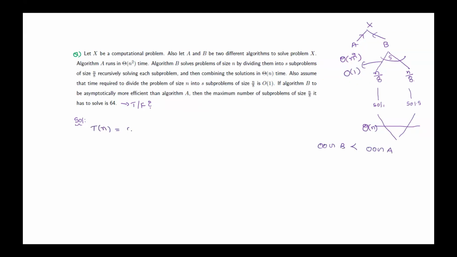S times T of n by 8 plus order of 1 plus theta of n. Is this okay? It is the same as S times T of n by 8 plus theta of n.